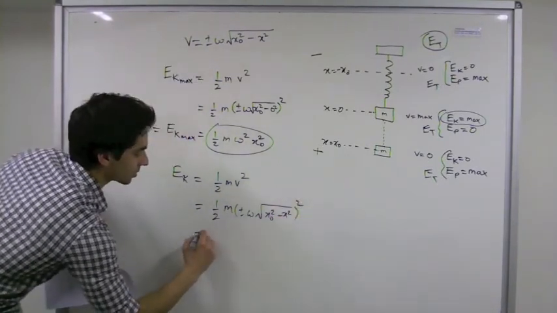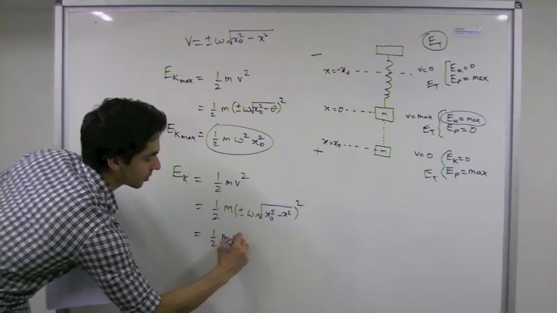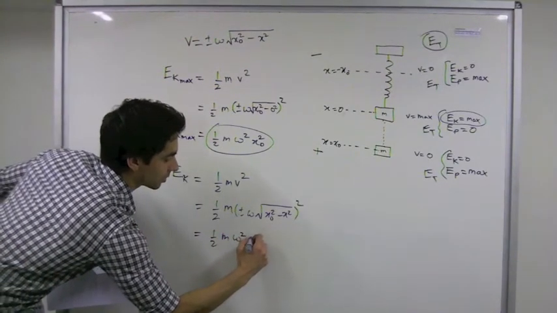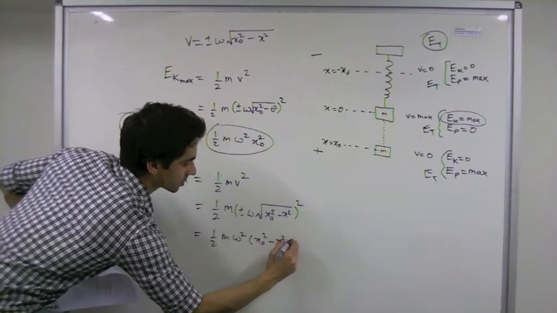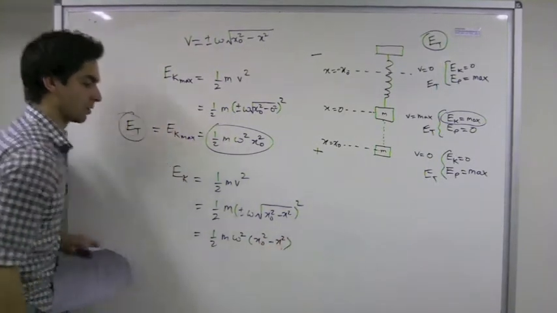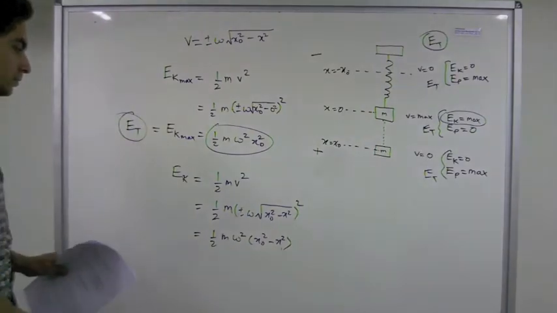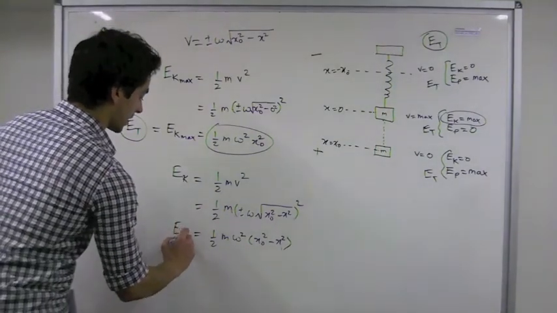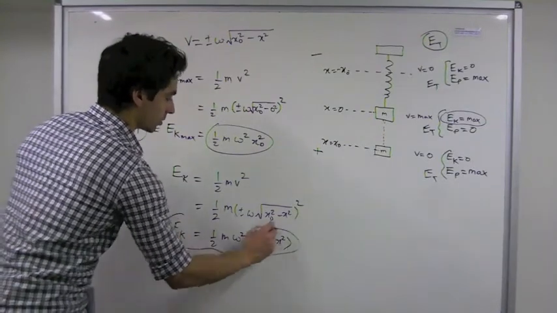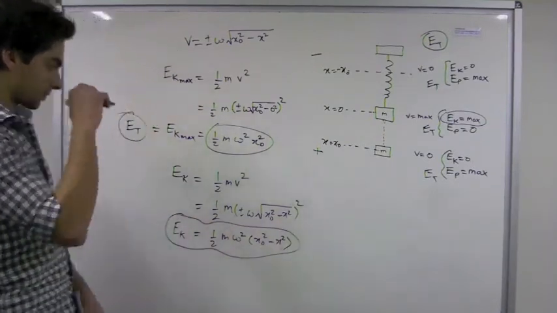That is equal to half m omega squared, x naught squared minus x squared. So this is the kinetic energy at any point in the oscillation.